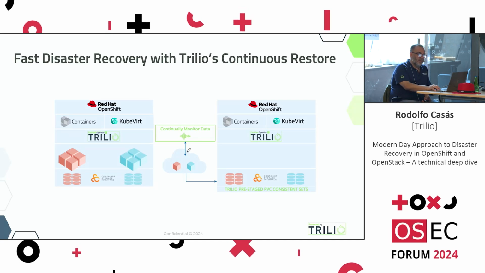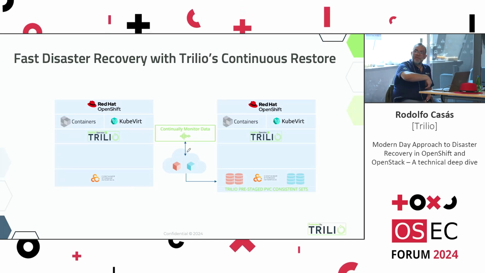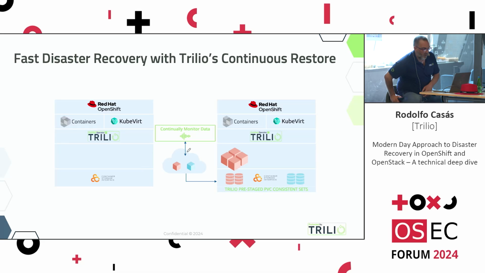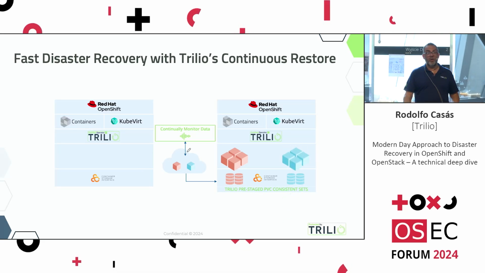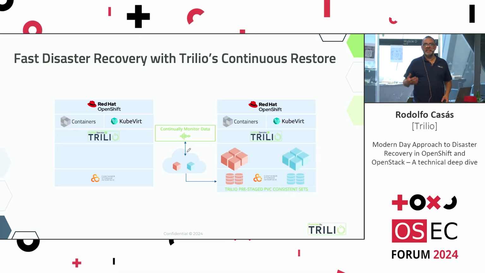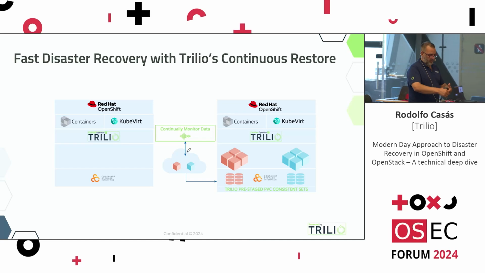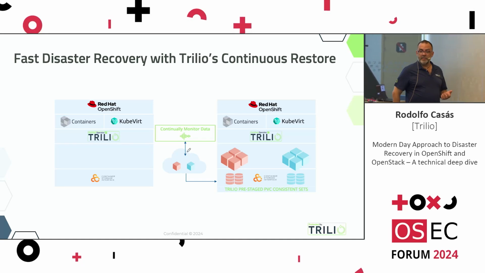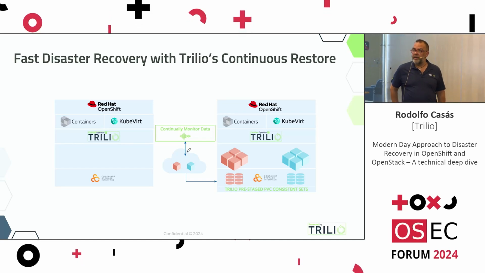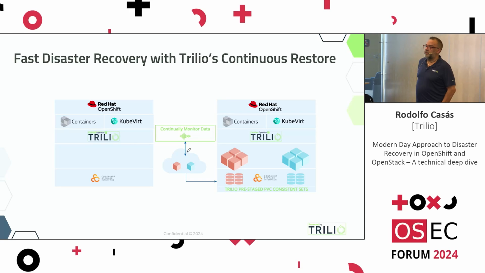Okay, you can do full and incrementals, and if something goes wrong, you don't have to copy the data because it will already be there. Okay, so this is like enhanced disaster recovery. Okay? Any question?